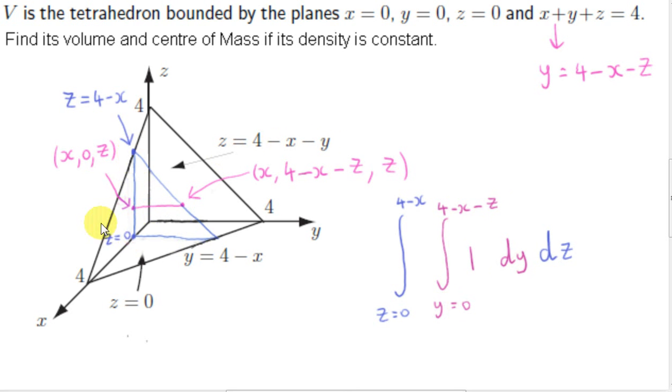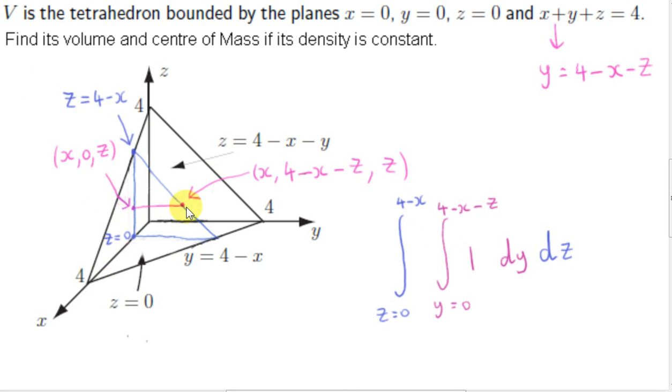And the y value of any point on this line is 0. So we just set y equal to 0. Okay, this is a line that's in the plane, but all the y values are 0 for points on this line. So if we set y equal to 0, we just get z equals 4 minus x. So the upper limit is 4 minus x.